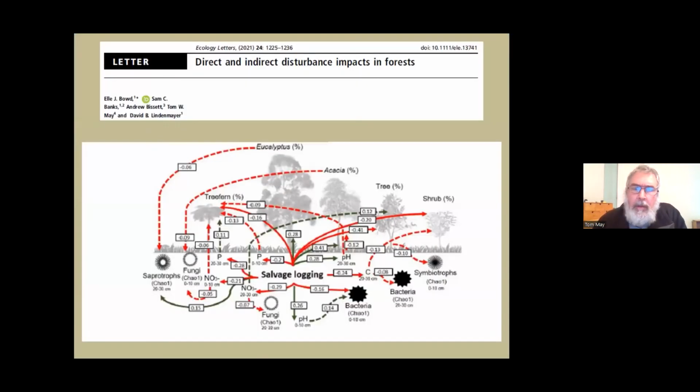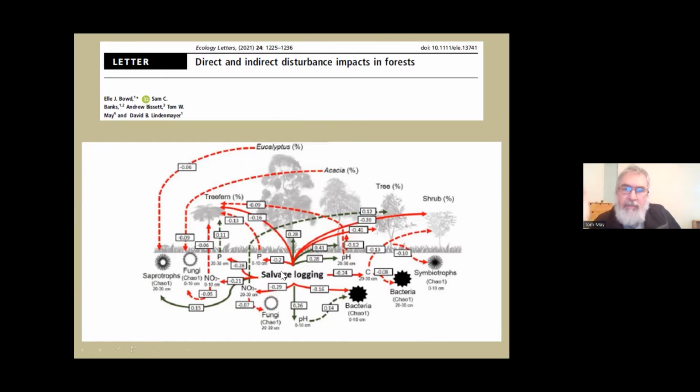structures. Now, this is a diagram from some work done recently by Earl Bowd about the kind of cascading effects of manipulating a forest ecosystem. And the detail doesn't matter, but all of these lines are what happens when you do something. So in this case, Earl was testing the effect of salvage logging, not only on the trees, the eucalypts, the acacias, the shrubs and the tree ferns, but also on the different fungi in the soil through soil metabarcoding and at different levels.